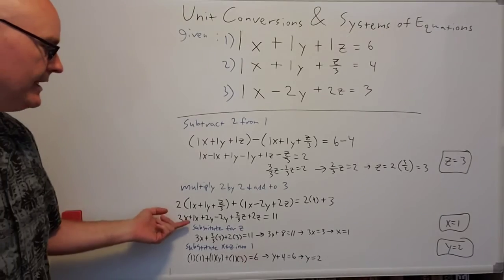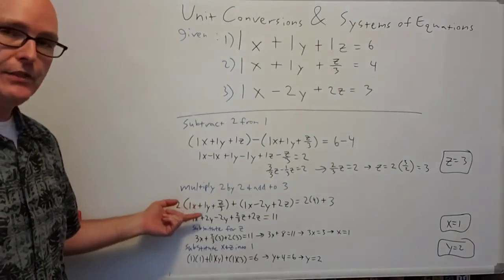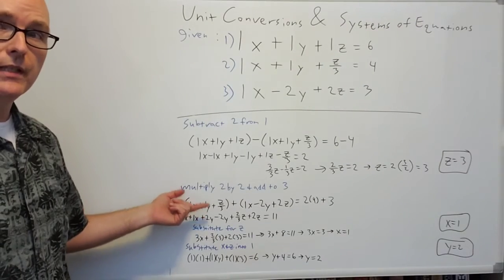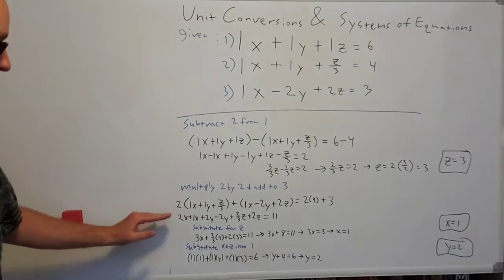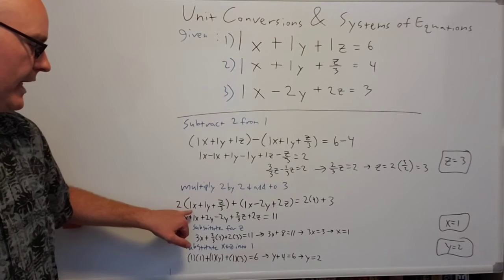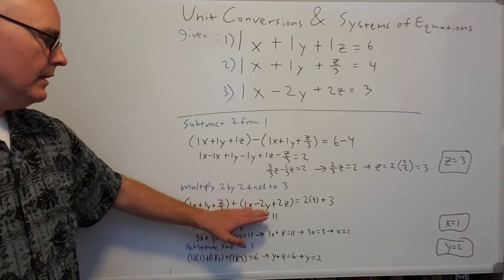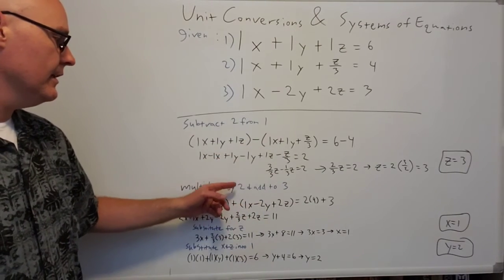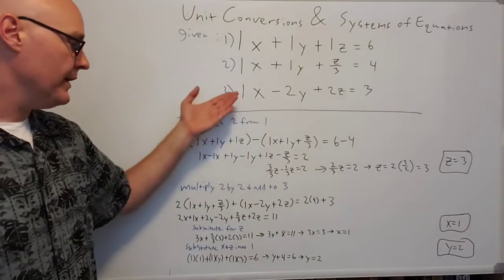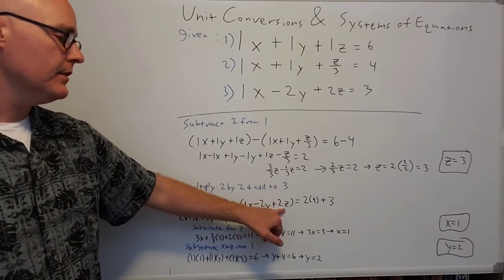Okay? So this is, yes, a new equation. However, I have not changed the relationship between the variables. So this is legal. So I have 2 times 1x plus 1y plus z over 3. And I just brought the whole equation for 3 here: 1x minus 2y plus 2z.